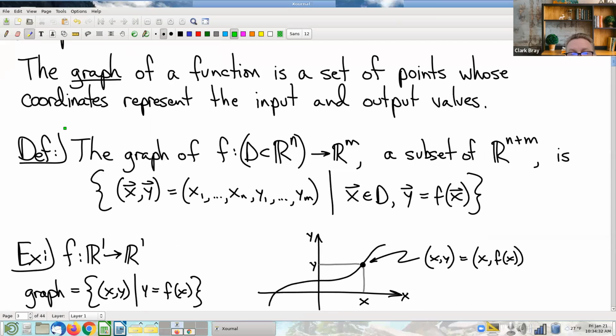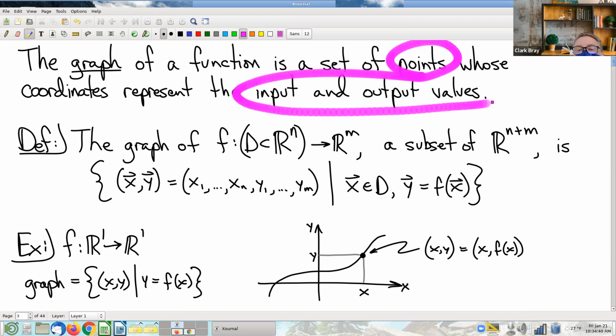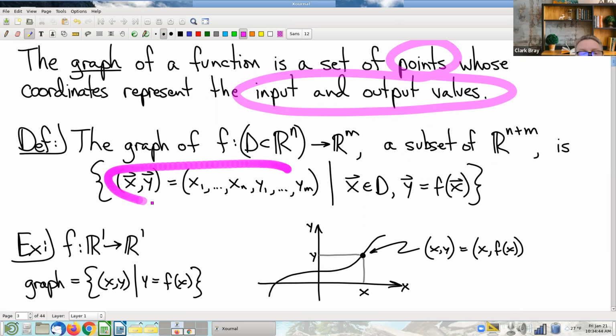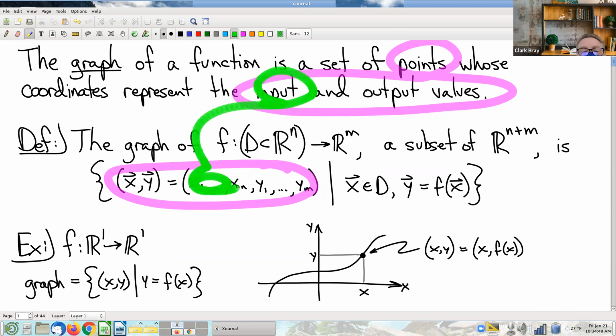So here's the kind of picture. The idea is you make a point whose coordinates give you both the input values and the output values. And you can see it right here, right? The input values, let's say they come first, not that they have to. The output values come last.